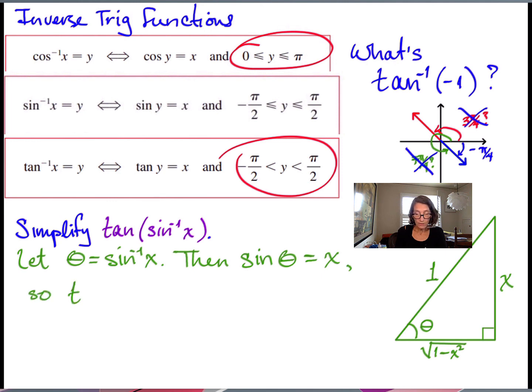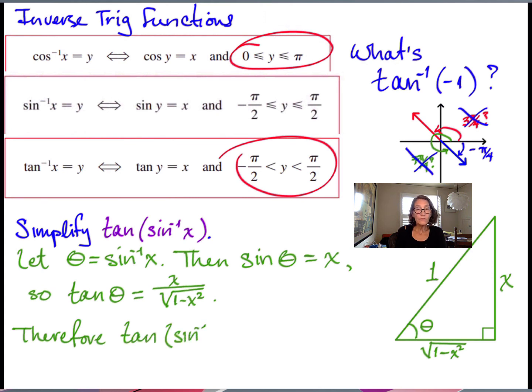So looking at that triangle, the tangent of theta is going to be the opposite over adjacent. So it's x over the square root of 1 minus x squared. So that's what we were looking for. The tangent of arcsine of x is x over the square root of 1 minus x squared.